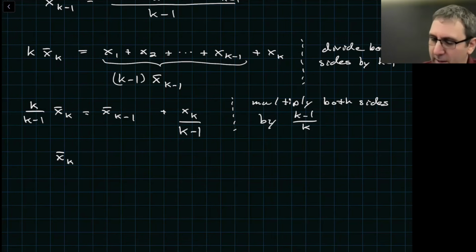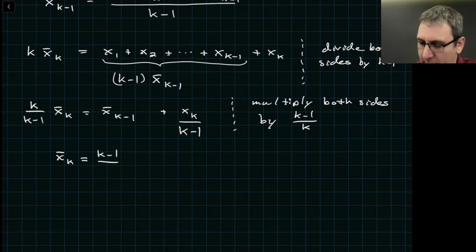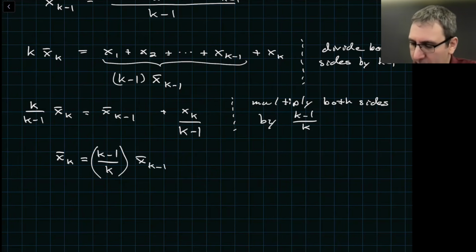So there we go. x bar k equals k minus 1 divided by k, so some factor in front of x bar k minus 1, plus 1 over k times xk.